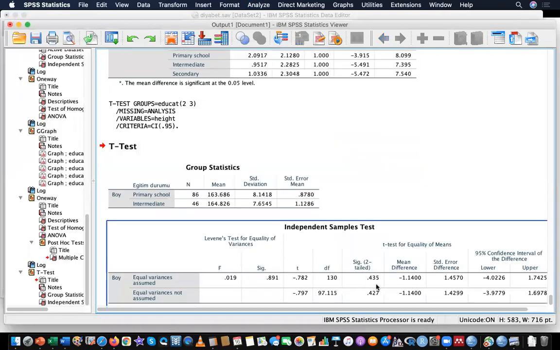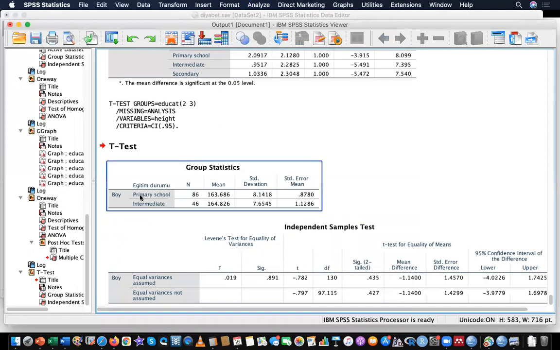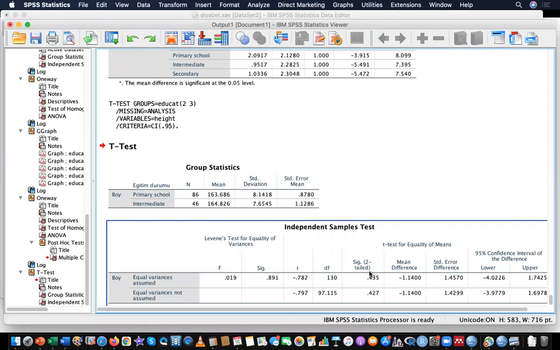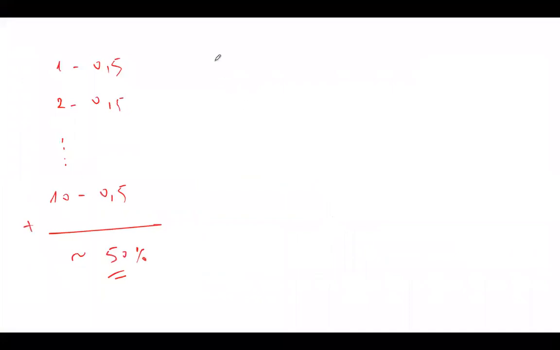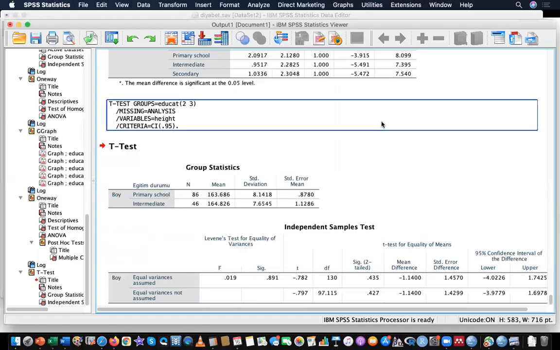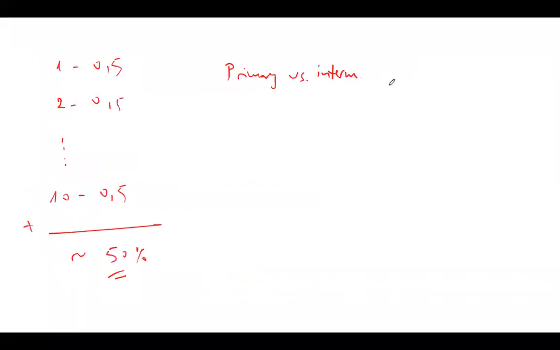Is there a significant difference between these two categories? Between primary and intermediate, I have a p-value of 0.435. Let me write this down. Primary versus intermediate. The p-value was 0.435.